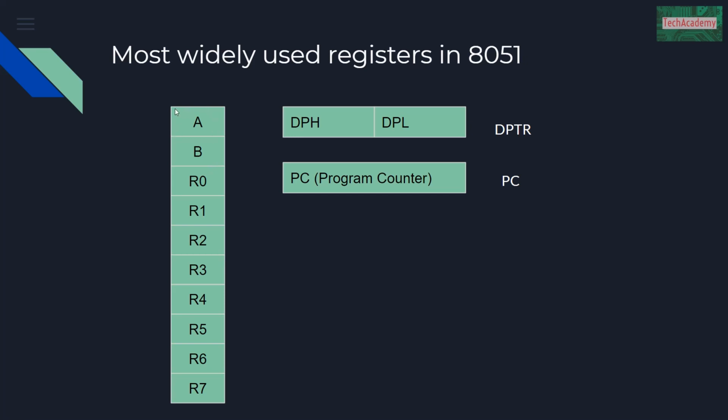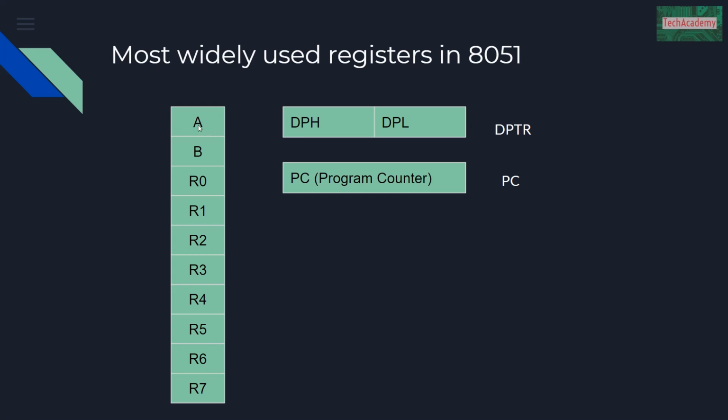All these registers which we see at the left side are 8-bit registers, so we can only store a maximum of 8-bit data in these registers. So this can hold the lowest value 00000000, that is all 8 zeros, or all 8 ones, that is 11111111.